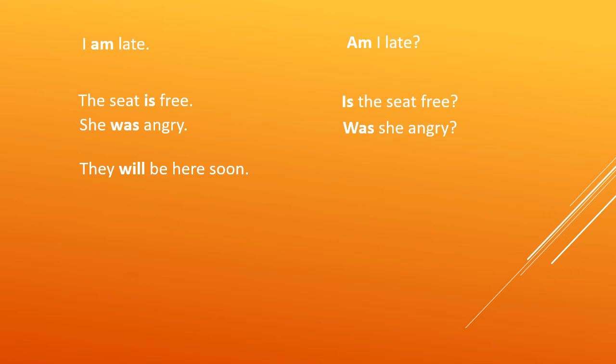"Will" is an auxiliary verb, so we swap its position with the subject. The question becomes, will they be here soon? We can also add "when," the question word. When will they be here?